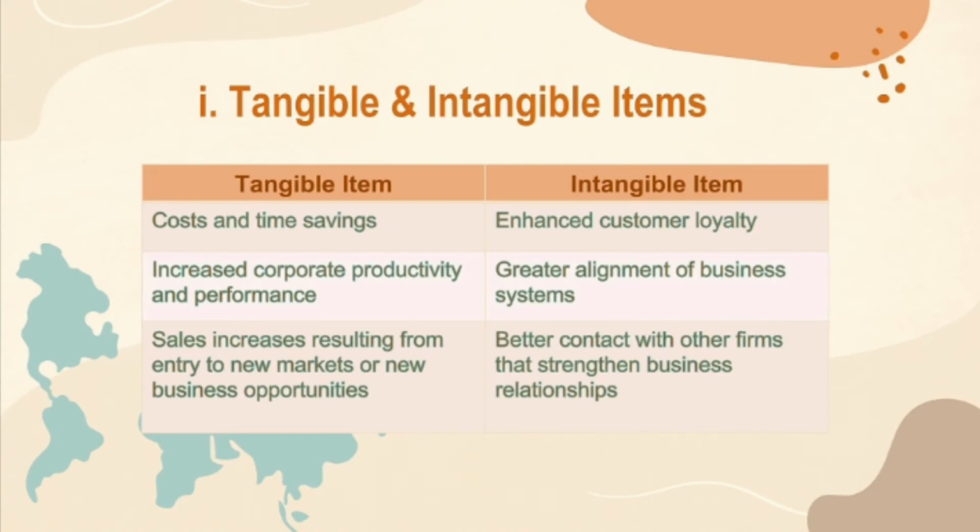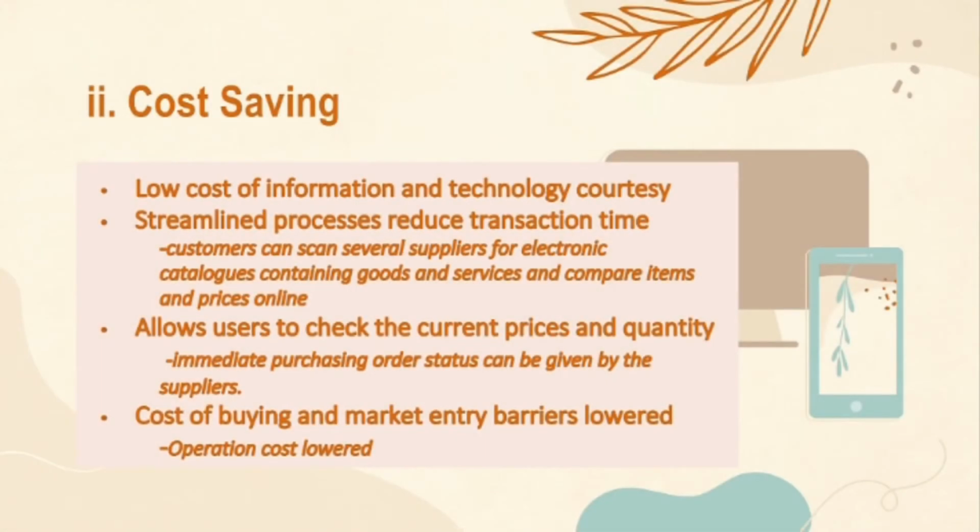It will make sales increases resulting from entry to new markets or new business opportunities. Meanwhile, for intangible items, it will enhance customer loyalty, greater alignment of business systems, and better contact with other firms that strengthen business relationships. Another government incentive is the cost saving.